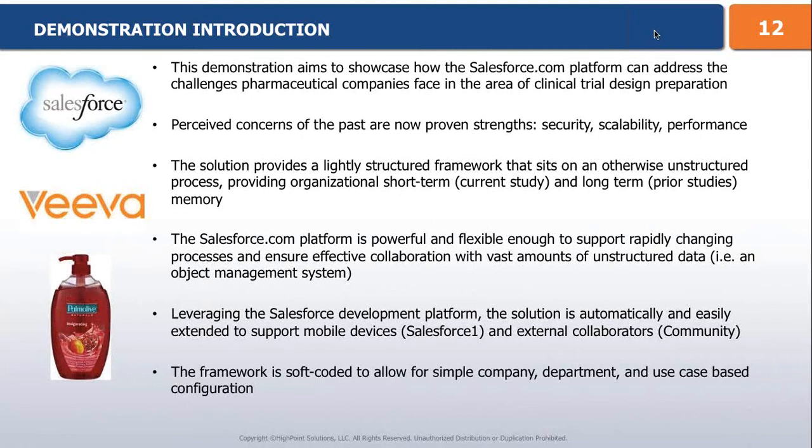So don't get caught up on what the categories say or any of the wording on the screens. Just think of the fluidity of it and how that could be used, whether it's clinical trial design or any other long-term collaborative type of work effort that you have in your teams.